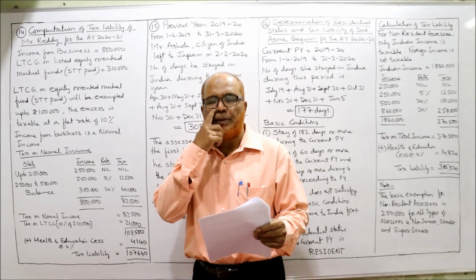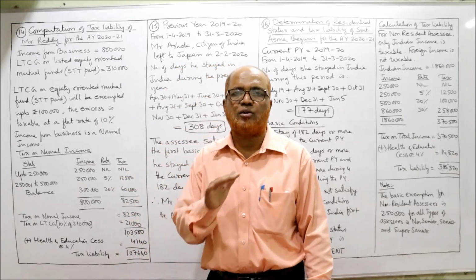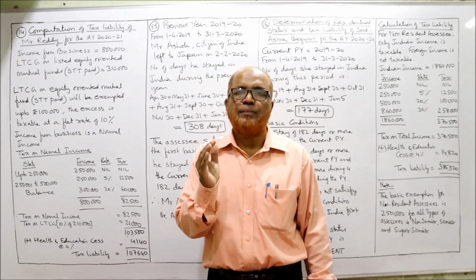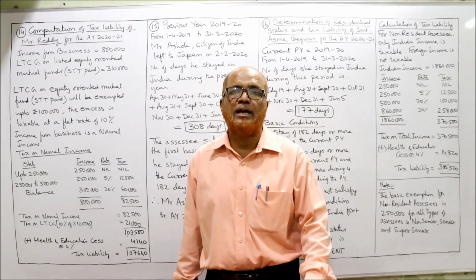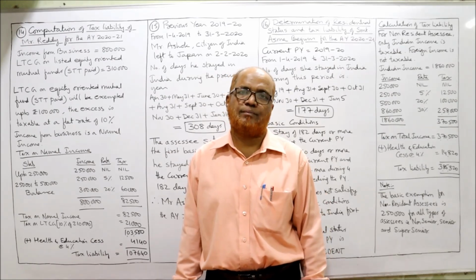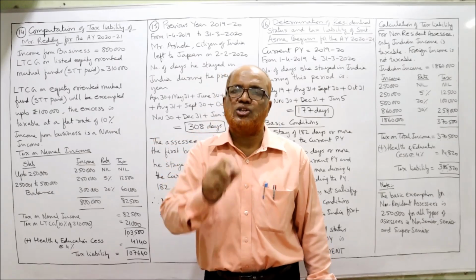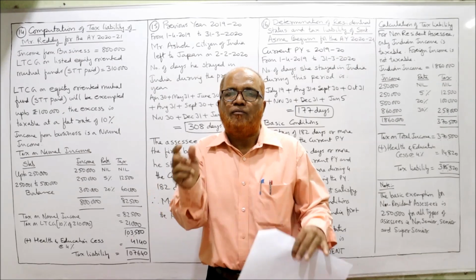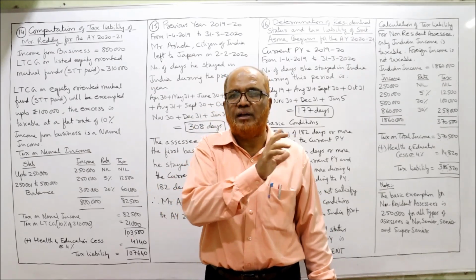But LTCG, in the previous problem we have seen, is taxable at a flat rate of 20%. But there is one provision regarding the LTCG on transfer of equity-oriented mutual fund units. Mutual funds issue units just like shares, and there are different categories of mutual fund units. One of the categories is equity-oriented mutual fund units.